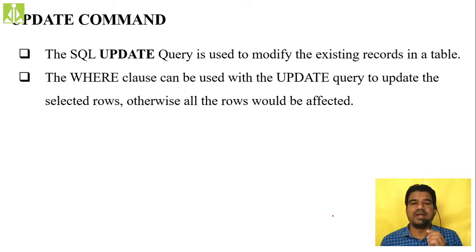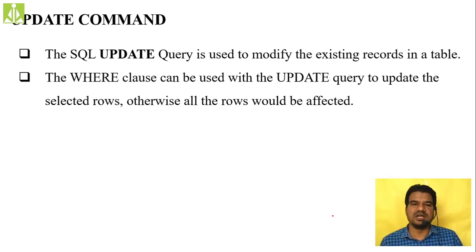So simply to edit the records, whatever you have input into the database, we make use of this SQL update query, update command. So again, the where clause is used inside the update query. If you don't use the where clause, what will happen is it will edit all the rows irrespective of the query. It will update all the rows present inside the table.